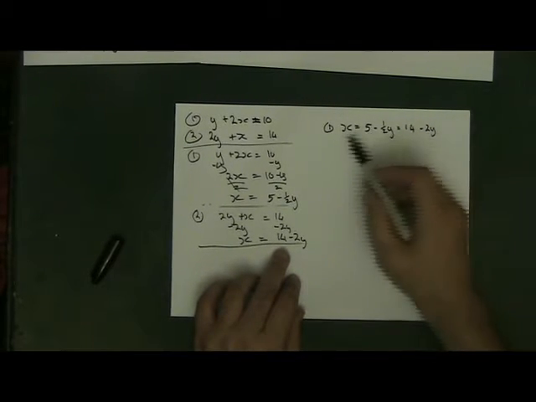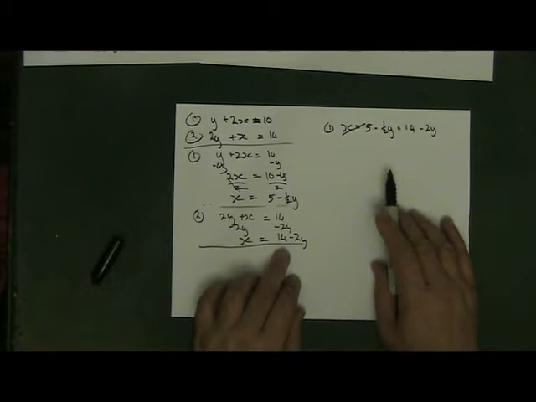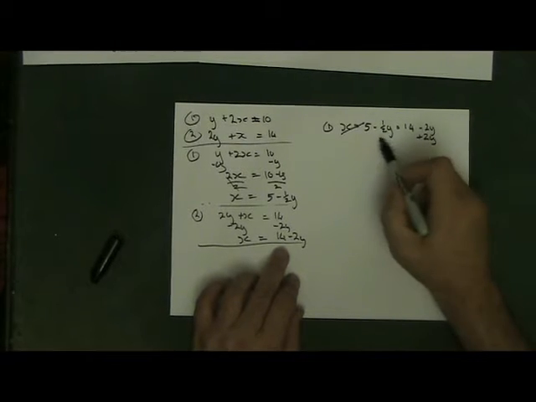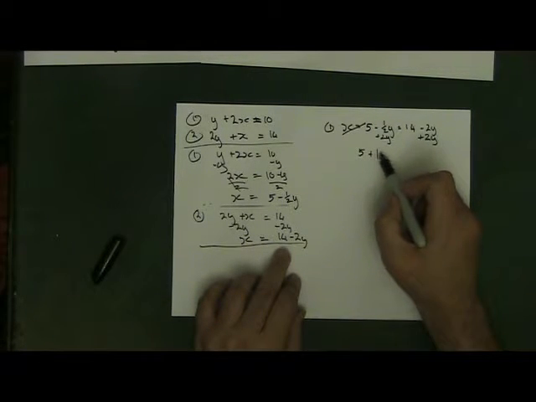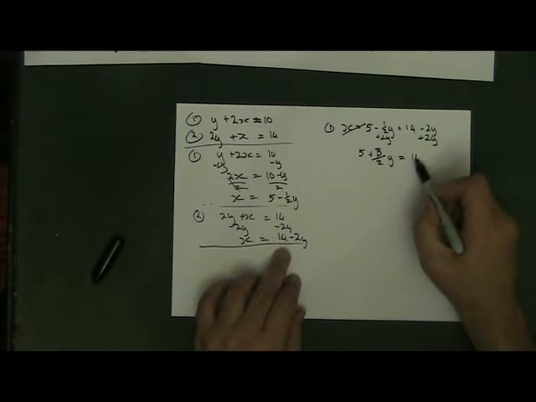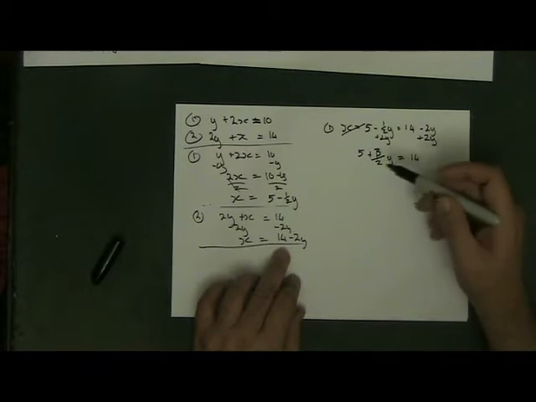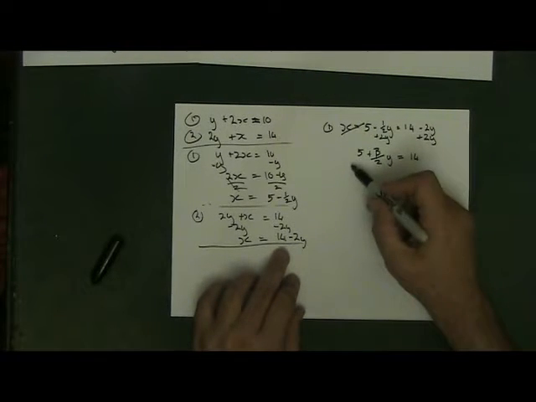Now I can just ignore this bit now. So I've just got these sections over here. I'm going to add 2y to both sides because it makes it easier. So we end up with 5 plus 1.5, that's 3 over 2, y equals 14. And now I want to get rid of that 5, so I subtract 5 from both sides.